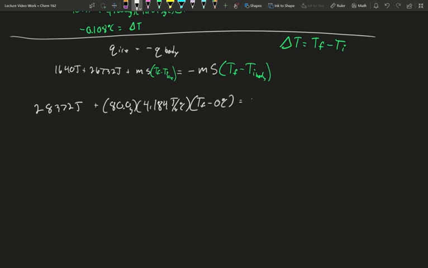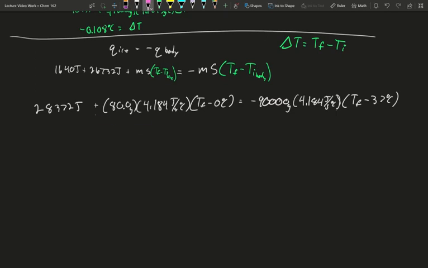Well, that must equal negative 90,000 grams times 4.184 joules per gram degrees Celsius times temp final minus 37 degrees Celsius.